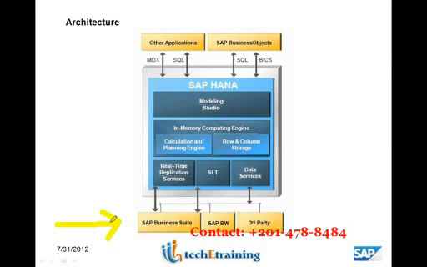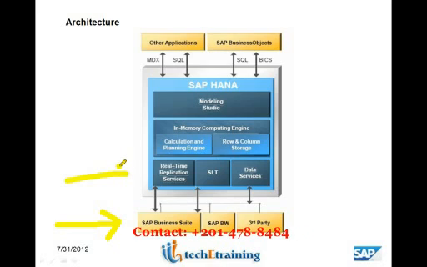Once the connection has been established, you have the extractors, which perform the extraction of the data from these sources. So you have a source system layer, and then you have an extraction layer. Within the extraction layer, there are three extractors provided, which are authorized by SAP.